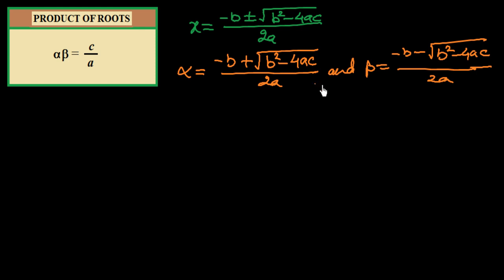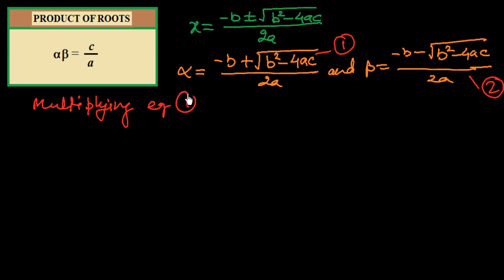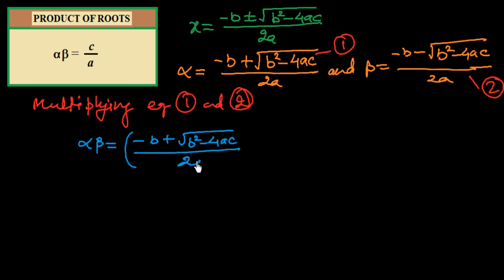Now we multiply alpha into beta. This is our first equation and this is our second equation. So we multiply equation 1 and 2. So we get here alpha into beta is equal to minus b plus square root of b square minus 4ac over 2a.